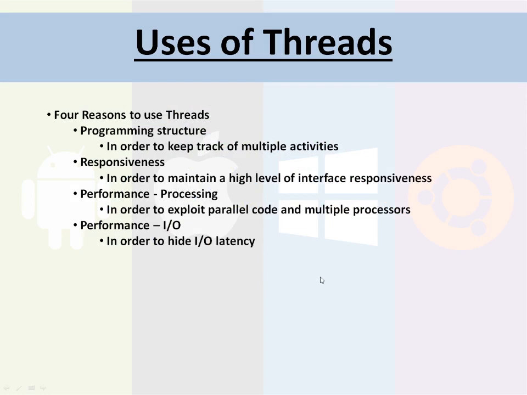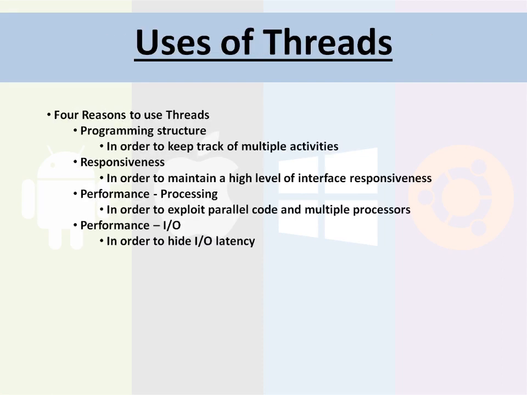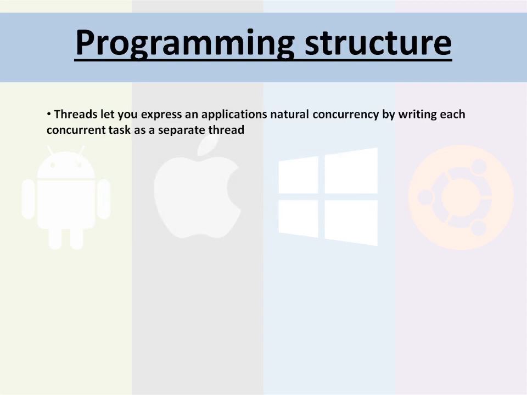So the 4 reasons to use threads are programming structure, responsiveness, performance in terms of processing, and performance in terms of input-output. Now we're just going to break these down in a little bit more detail. Our programming structure is important because it allows us to keep track of multiple concurrent tasks.